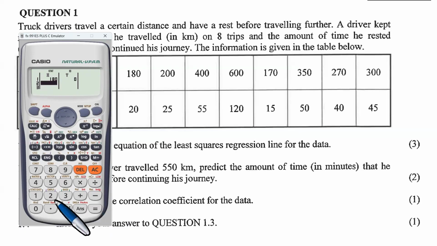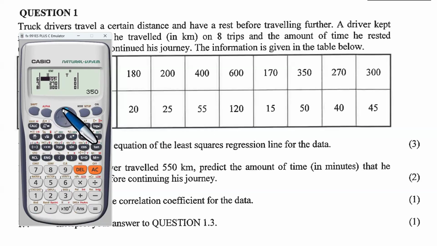Then we have 200, then 400, then 600, then 170, then 350, then 270, then 300.